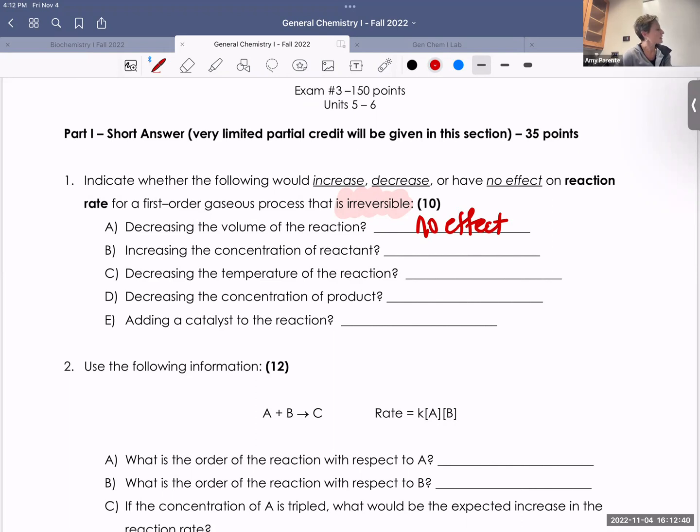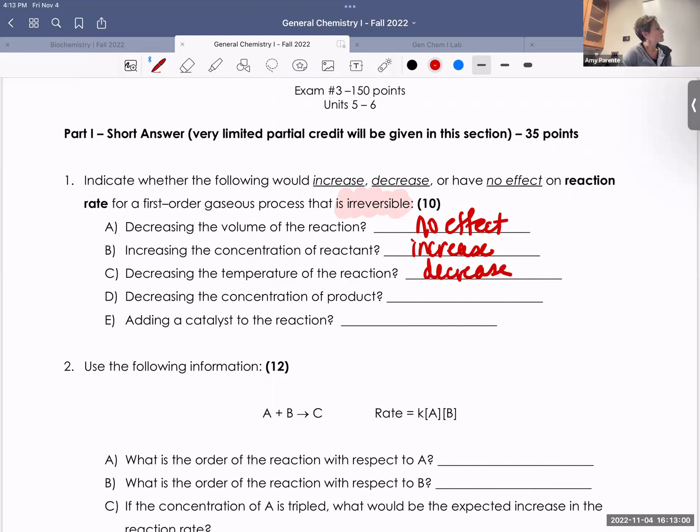Increasing concentration: we can increase the concentration of the reactant, and that will cause an increase in the reaction rate. Okay. Decreasing temperature of the reaction is going to decrease the reaction rate.